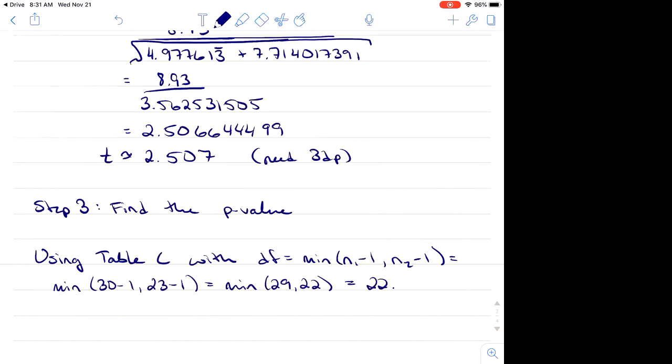Pardon? Yeah. Cool. Yeah, so the minimum notation is probably not familiar, but once you have these 2 values, you just pick the minimum, and that's the answer.